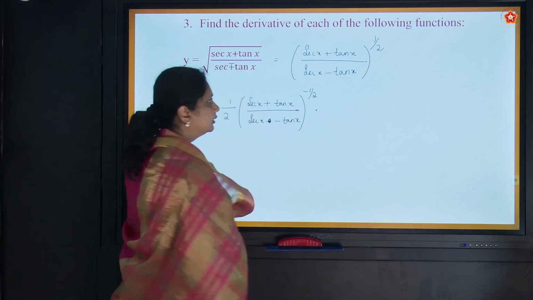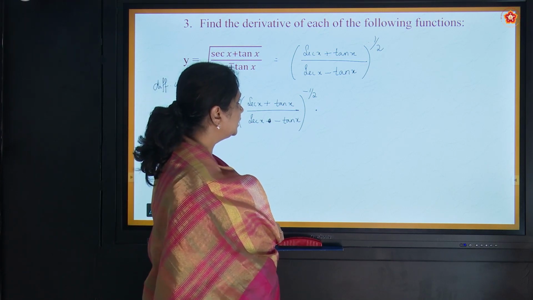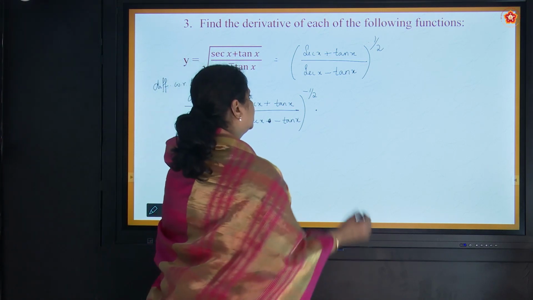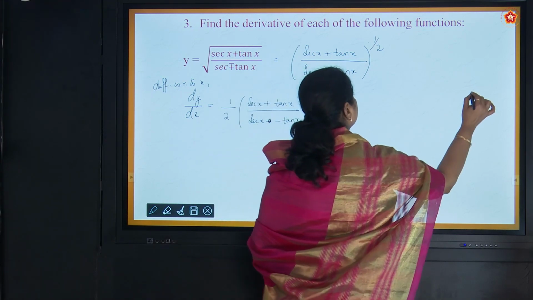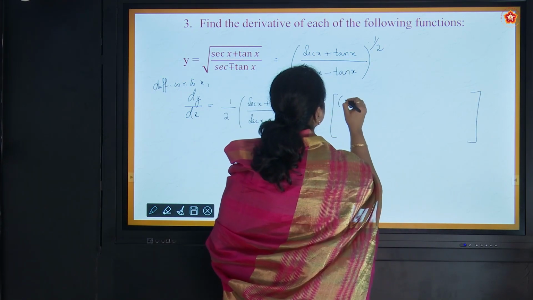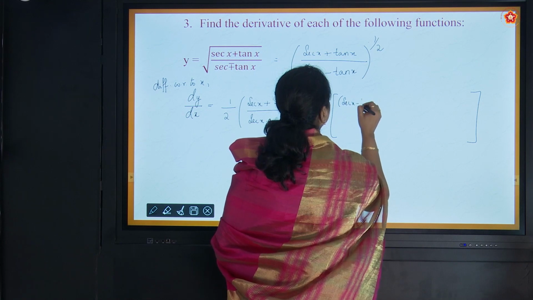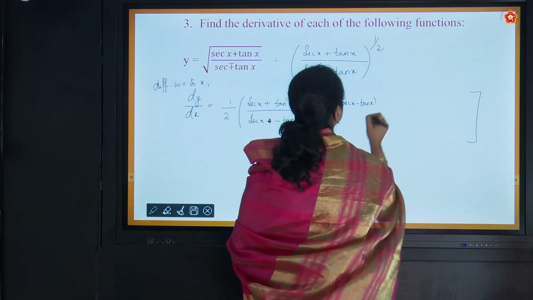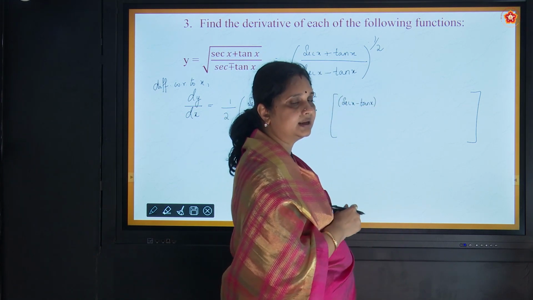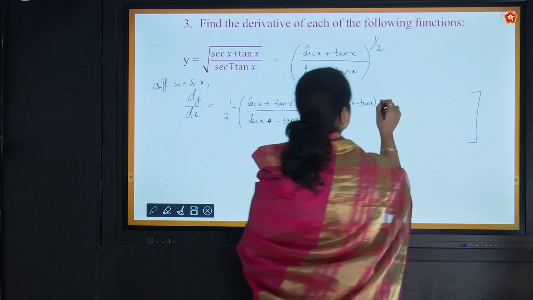Into, now the next function is of the form u by v. So now we need to differentiate, keeping the denominator a constant, differentiating the numerator. So secant x plus tan x, what do you get on differentiation?